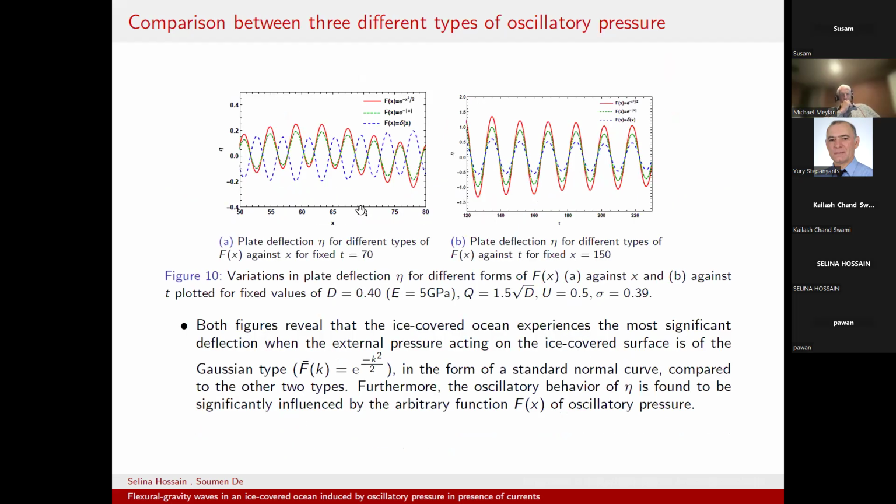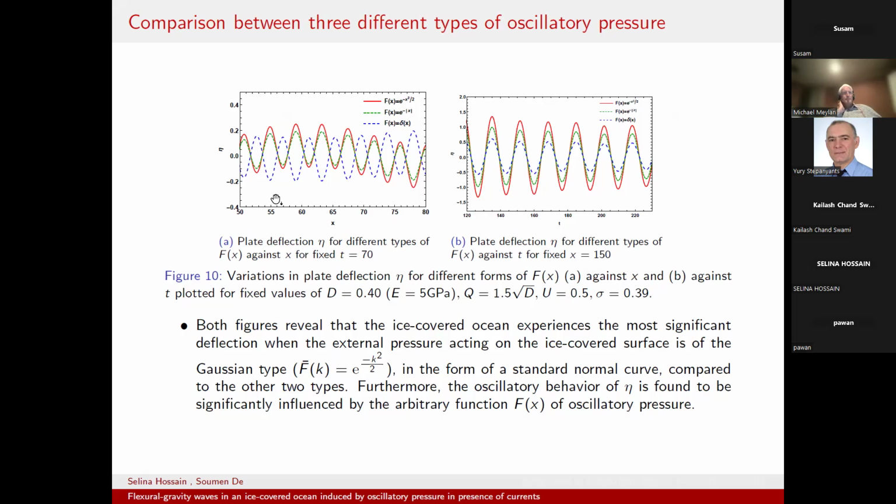Now in figure 10, we have plotted eta for 3 different types of oscillatory pressure: e to the power minus x square by 2, which represents a Gaussian type pressure distribution; e to the power minus mod x, which represents an exponentially decaying pressure disturbance; and delta x, which we have considered before.